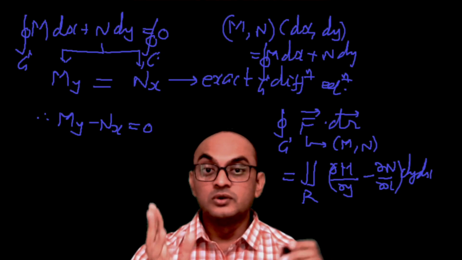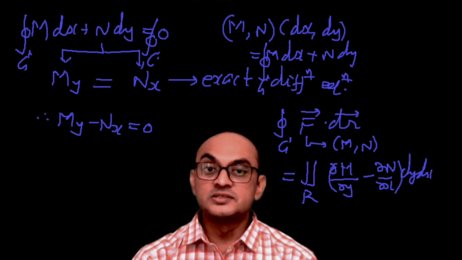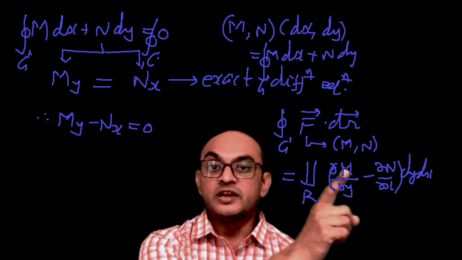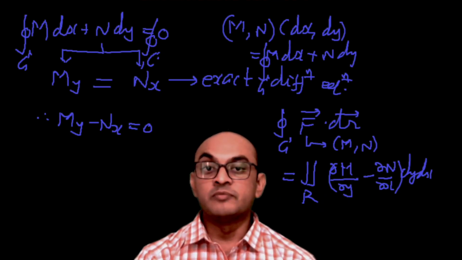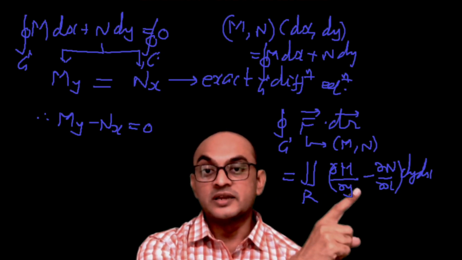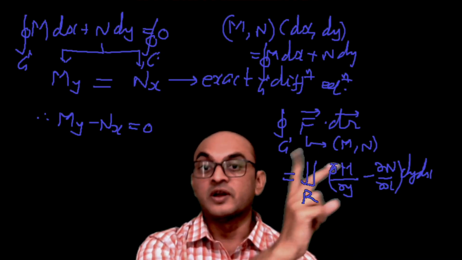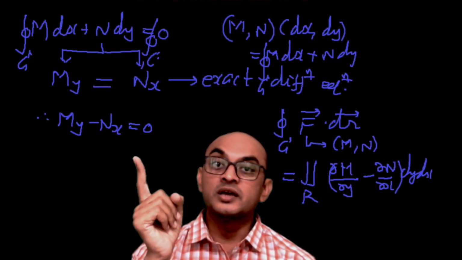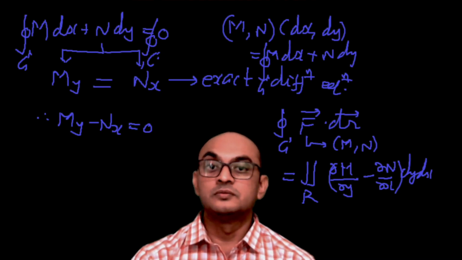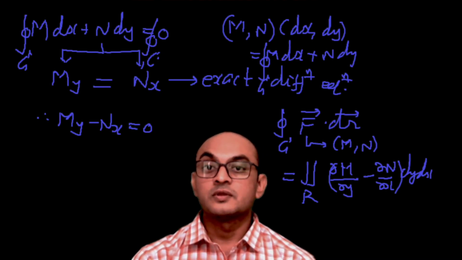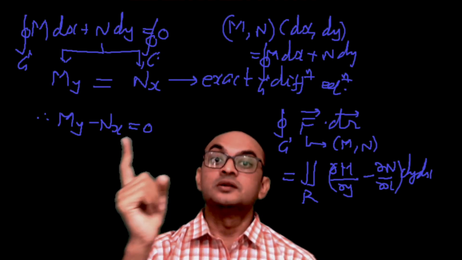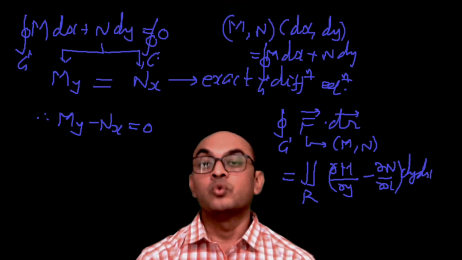Clear? Now the geometric interpretation is, what is this quantity ∂M/∂y minus ∂N/∂x? So ∂M/∂y minus ∂N/∂x is known as the curl of this vector F. And what is curl? Curl is known as the rotation in the vector field.